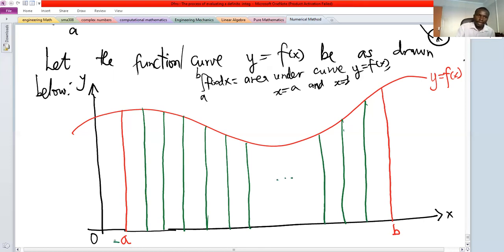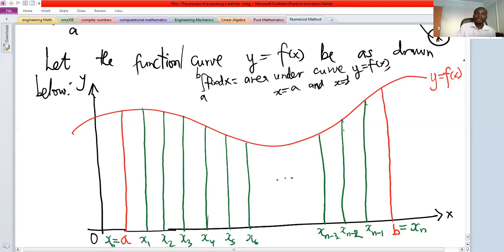So this is what we call the x naught. So this x1, x2, x3, x4, x5, x6, xn, xn minus 1, xn minus 2, xn minus 3.